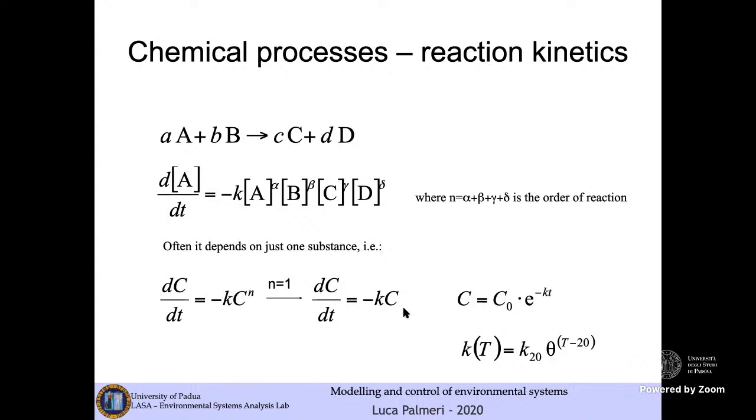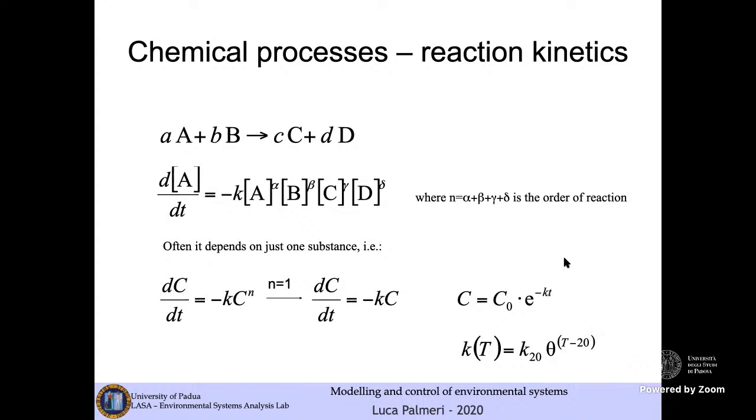Always the same story. The solution is a decreasing exponential in which you have a starting concentration C0, but it is reducing exponentially by a term depending on the equilibrium constant of the reaction and of the time.